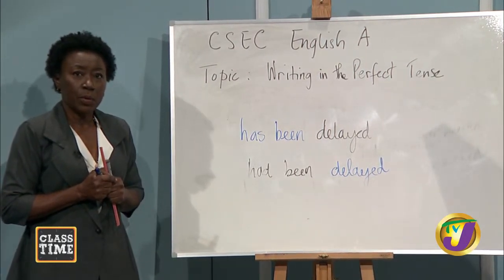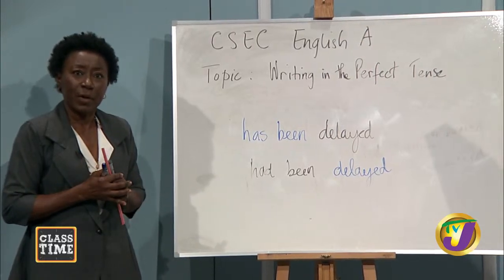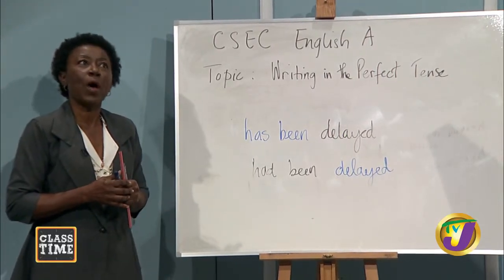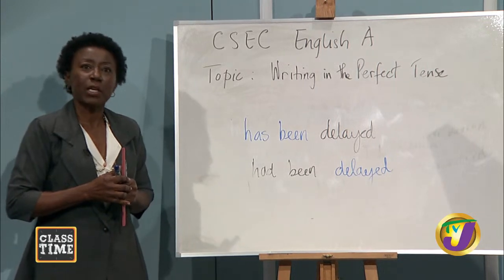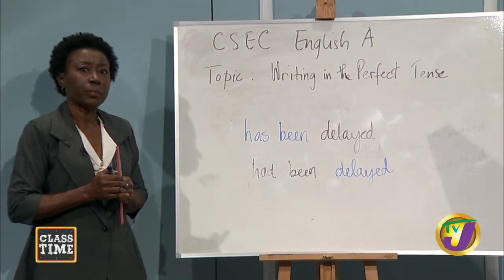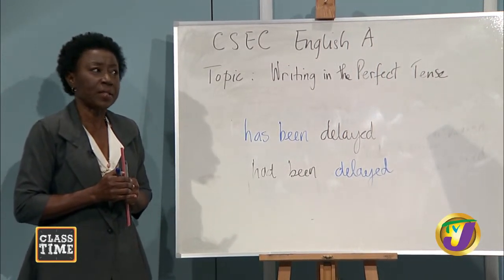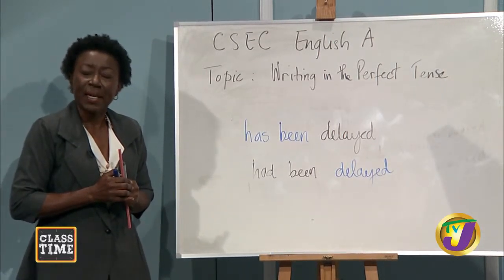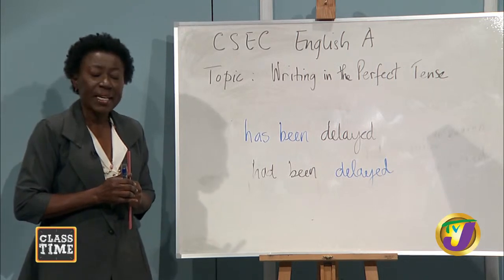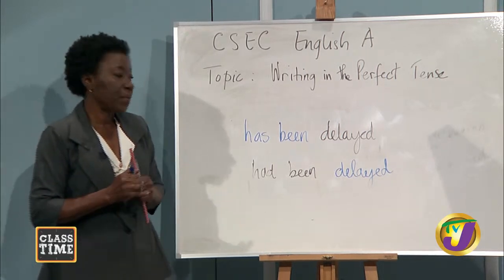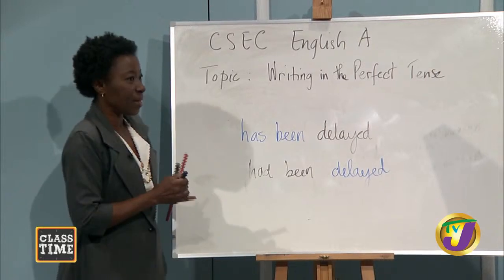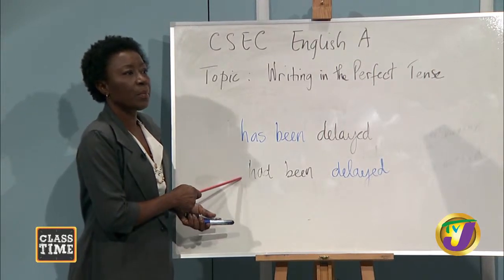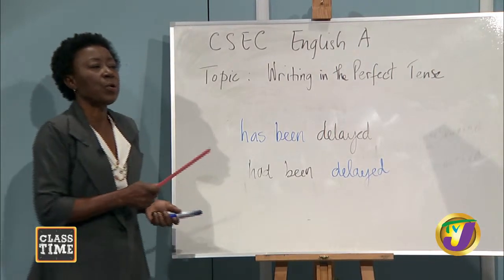You go to the committee and you have to give it, but when you are writing it as a report, you're going to say that it was said that the shipment had been delayed. Okay then? Had been delayed. Okay. All right then.